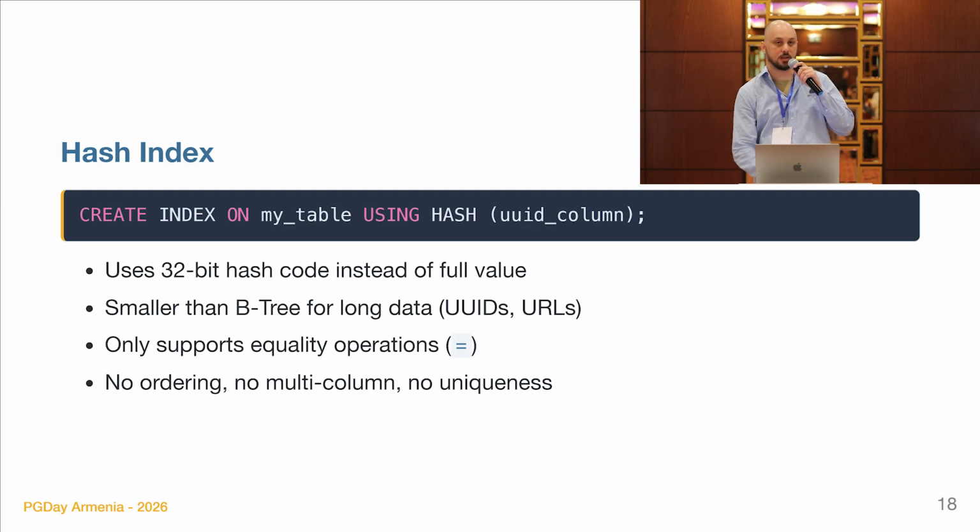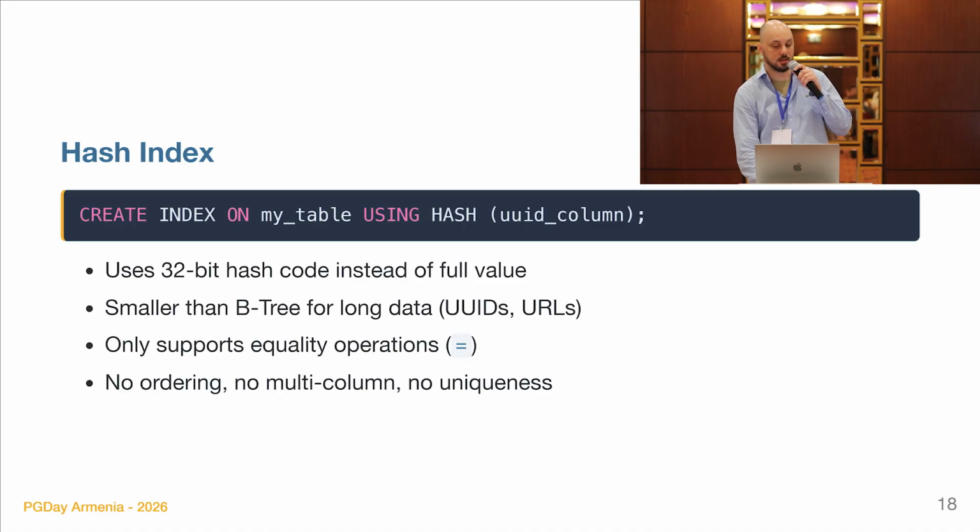But here, it's just: is it equal or not? So we cannot use it for ordering. We cannot do multi-column indexes, and also we cannot enforce uniqueness constraints with hash indexes. But they're great for unique things like UUIDs, URLs. There are several cases where they are useful.